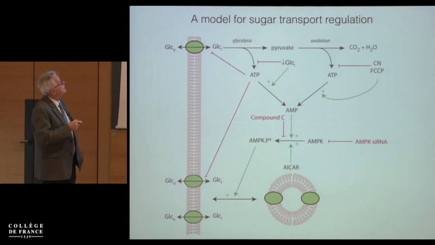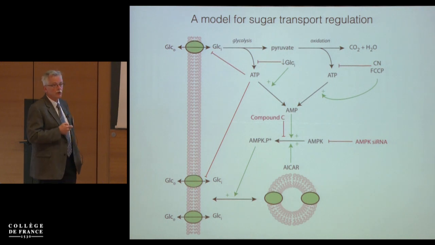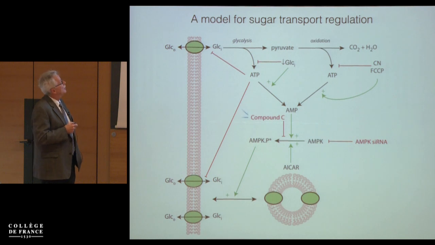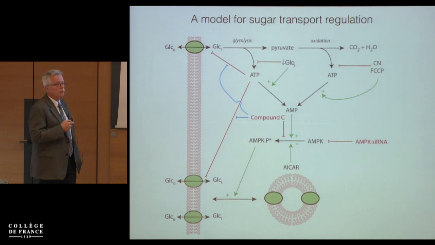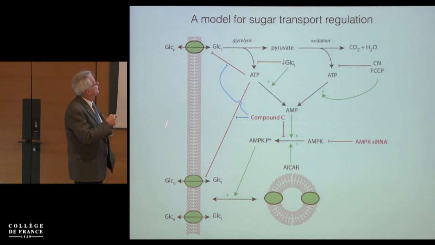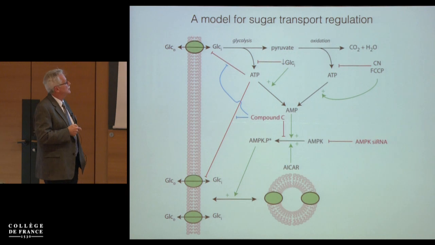But intracellular ATP will directly antagonize or inhibit the activity of cell surface glucose transporters. But we think compound C can also directly antagonize ATP binding to the glucose transporter and relieve it from tonic inhibition. So there's a very, very complex interplay.